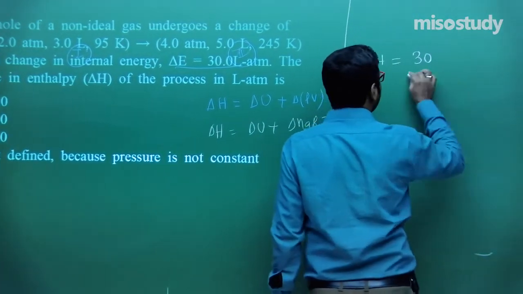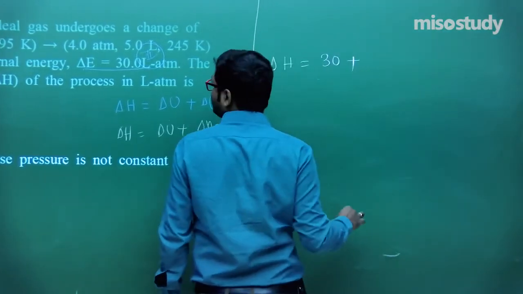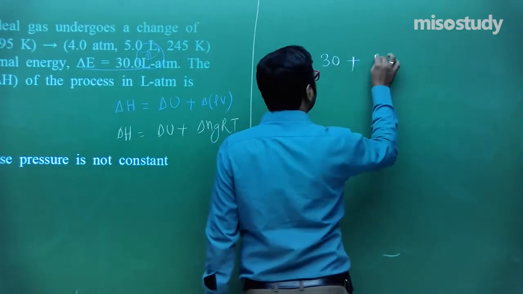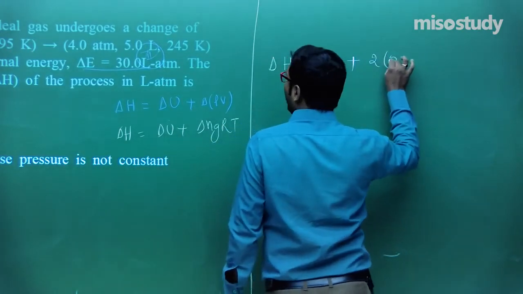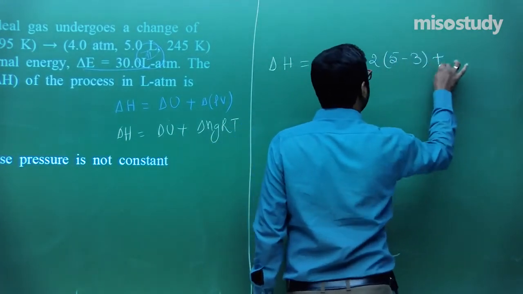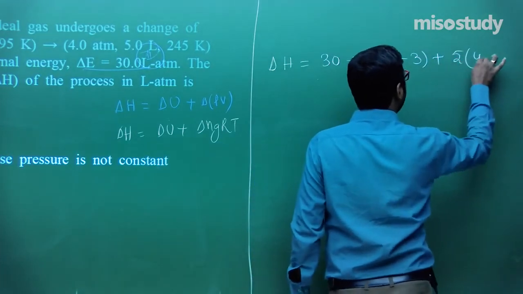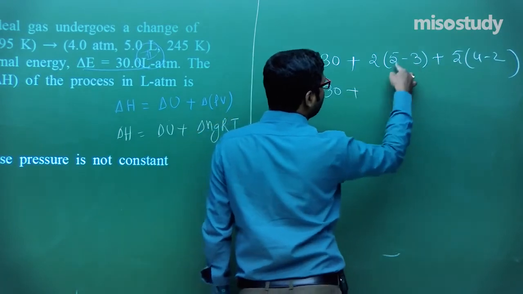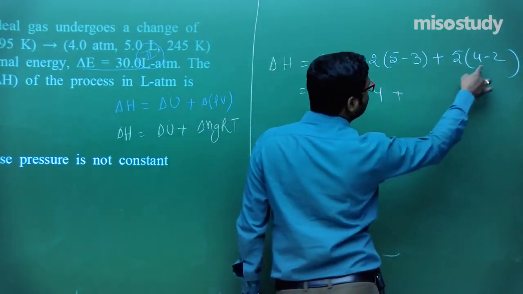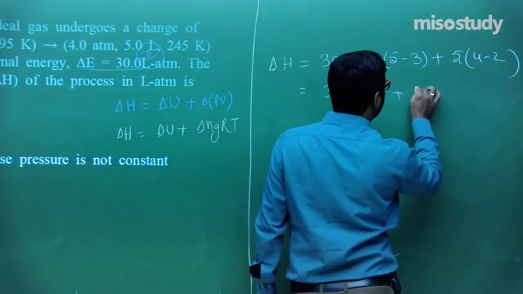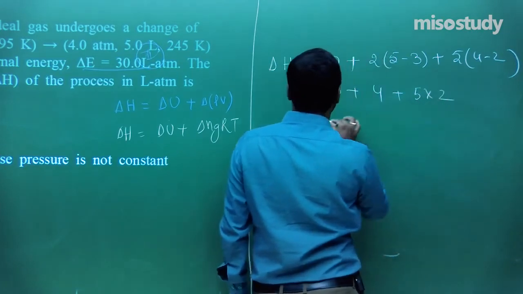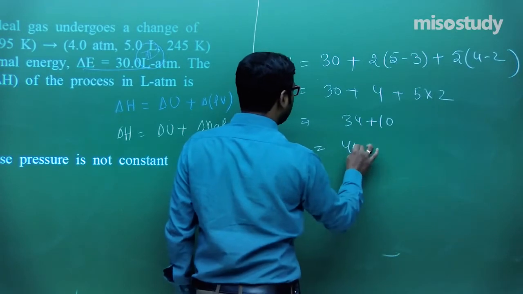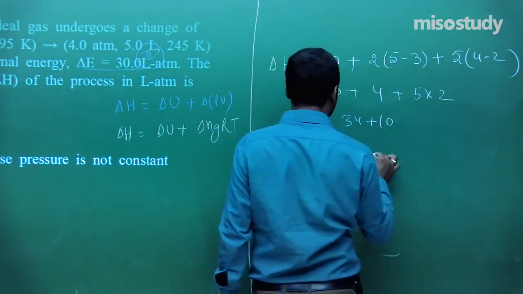That is 30 plus the expression delta PV, that is 2 into (5 minus 3) plus 5 into (4 minus 2). Now solve the expression. 3 plus 4 plus, that is 5 into 2, that is 34 plus 10, that is 44 liter atm.